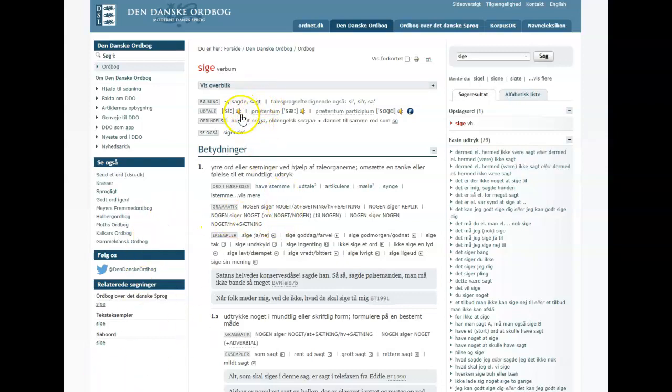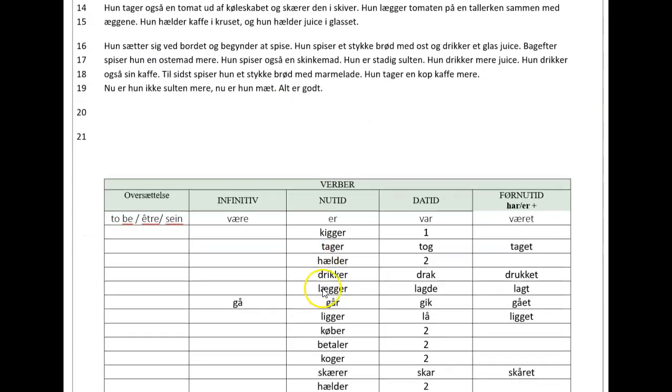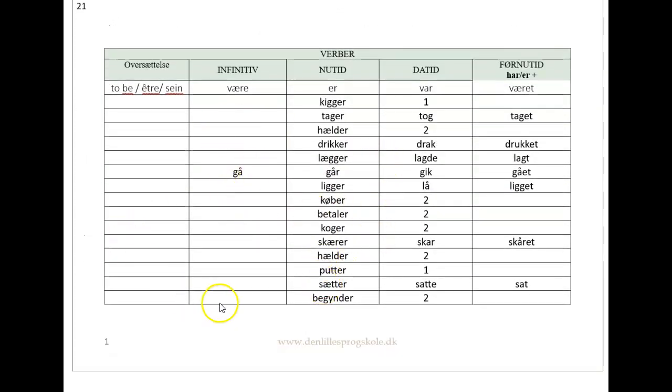A very nice extra feature is that you can hear the verbs, which is useful for this one that nobody ever remembers, but you can actually listen to it here. So if you're working on a text and the text asks you to find the verbs in past tense, and the text, for instance, already has a table that says the past tense, but only 1 or 2 for some of the verbs in past tense, then you know that you have to write here kiggede.